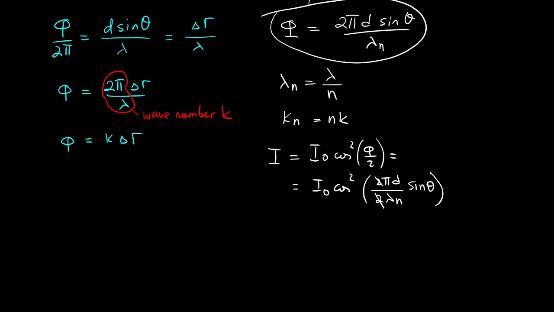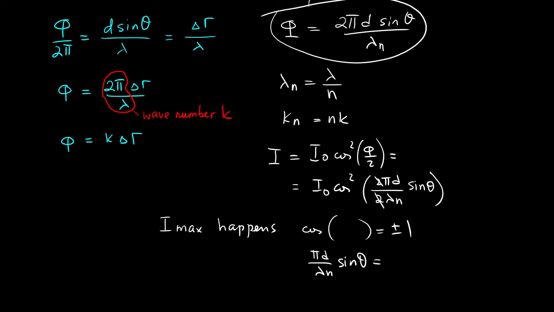Well, I forgot the zero in here, I naught. So we said I max happens when this whole cosine thing equals plus or minus 1, which means pi d over lambda n sine theta equals m times pi, where m is a number 0, plus or minus 1, plus or minus 2, and so on.